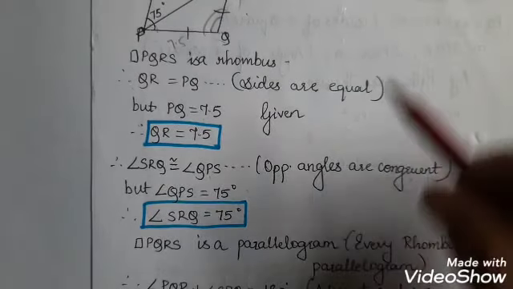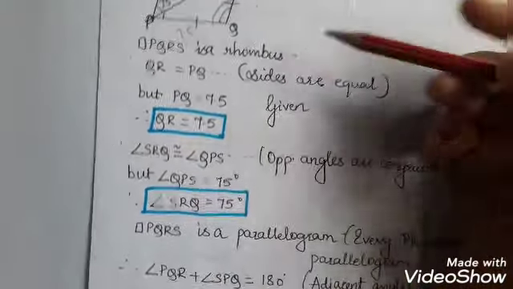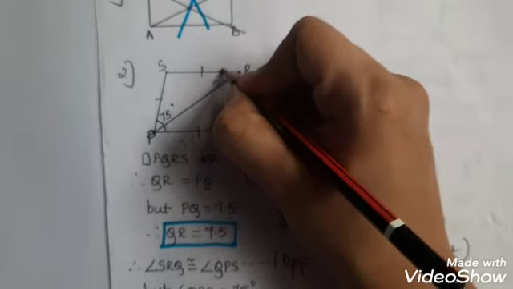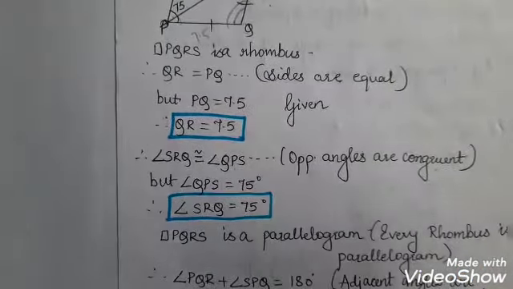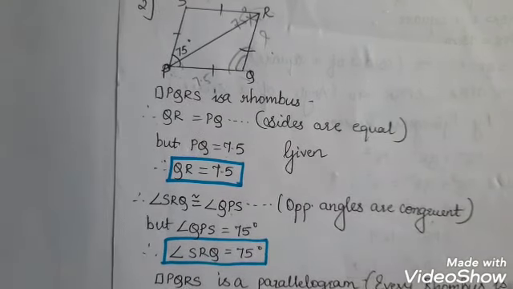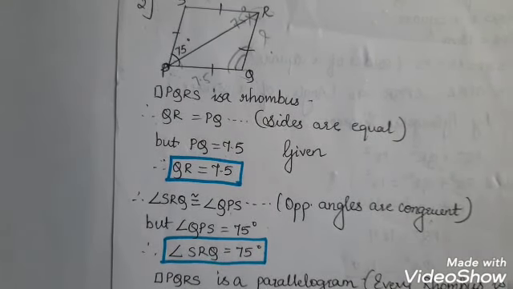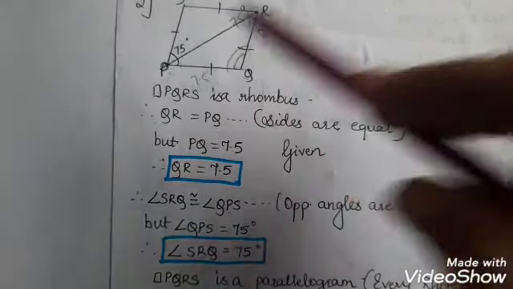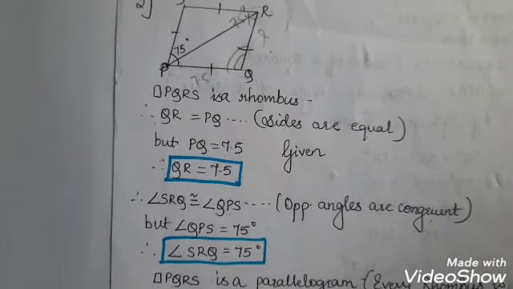Next, I have to find PQR. Now, PQRS is a parallelogram, because every rhombus is a parallelogram. So in a parallelogram, adjacent angles are supplementary.